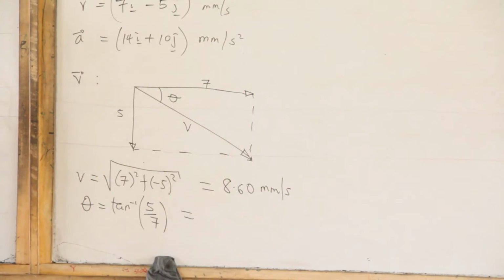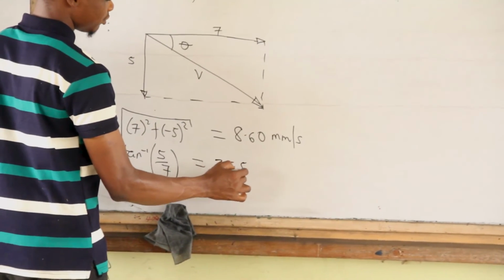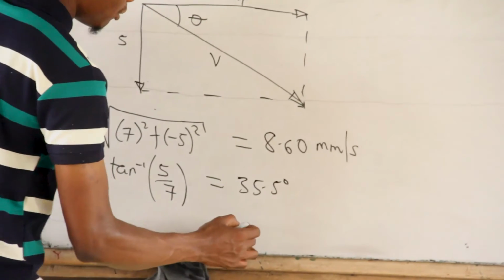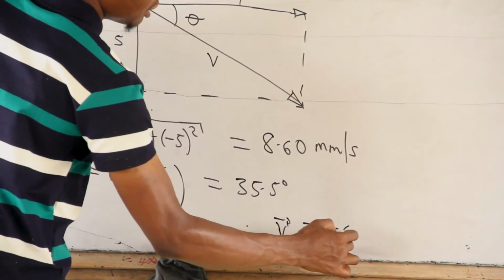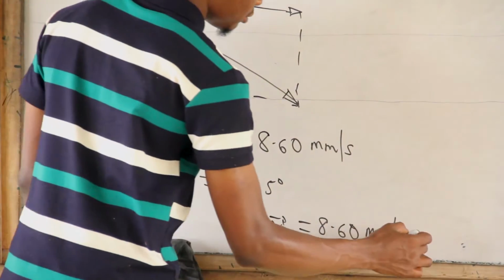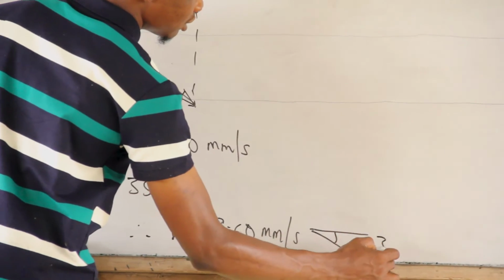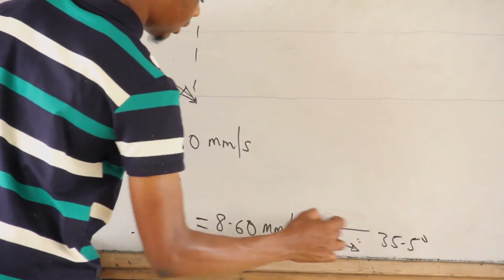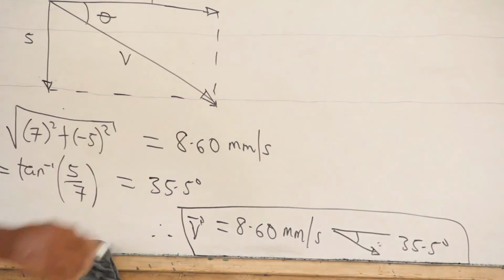This one, 35.5. Alright. So therefore, I'll say that the velocity of the body equals 8.60 millimeters per second, in direction 35.5 degrees to the horizontal. So that is the direction the body is moving.